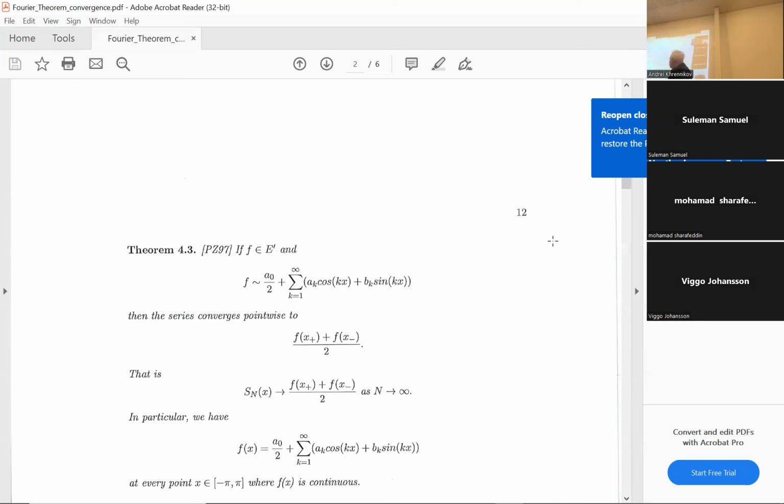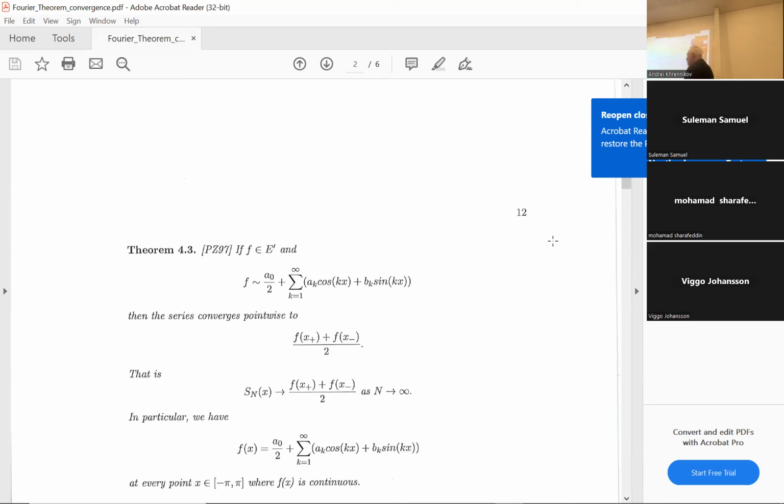If the function is continuous, all this business has no meaning, it is just the value of the function. So if it is continuous at some point, then it is just represented by the Fourier series. If the function is continuous, then it is just given by its Fourier series.